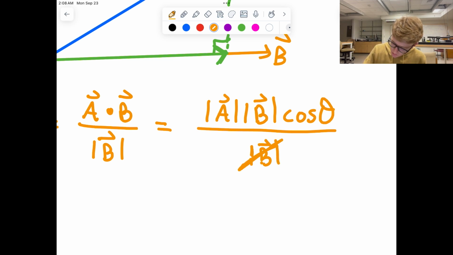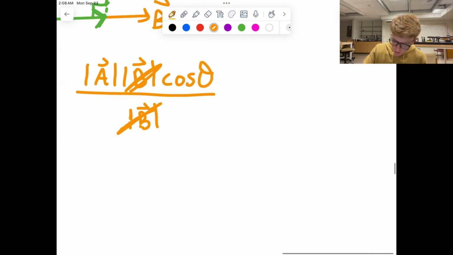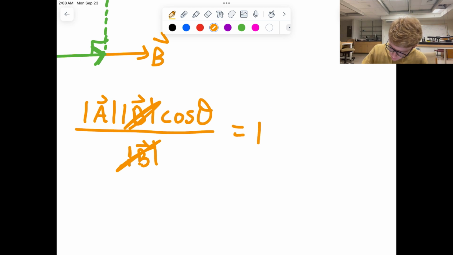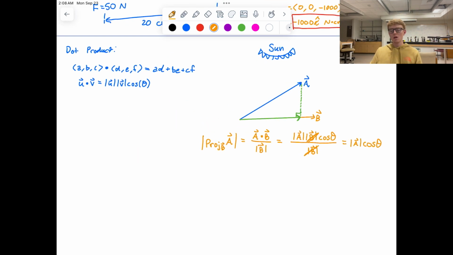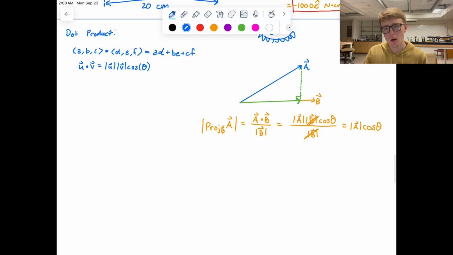So we can cross these two components out. So this whole thing is equal to the magnitude of A times the cosine of theta. Okay, so that's just another format. This isn't a super important point, but it might help you visualize or intuitively understand what the point of dot product is. Well, this is one point of having dot product, okay?